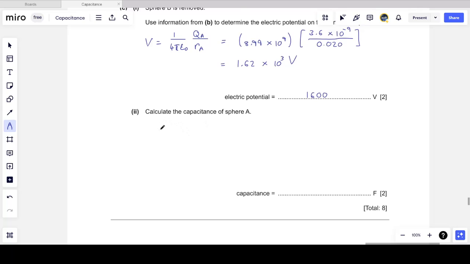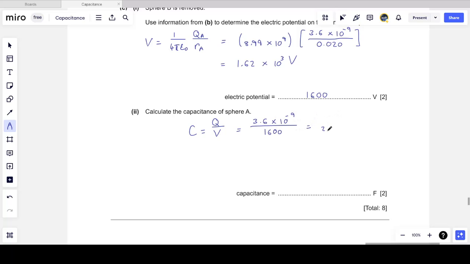in the first part. We're then told to calculate the capacitance of sphere A. Again, this is not going to cause us too much trouble. Capacitance is defined as charge per unit potential. At the surface, the charge is 3.6 times 10 to the minus 9 coulombs. The potential is 1,600 volts.